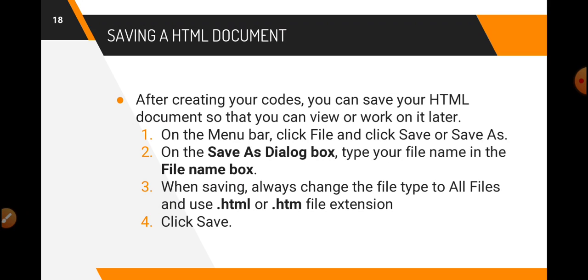And do not forget, when saving your HTML document, always change the file type to All Types and use the .htm or .html file extension. Do not forget to use the file extension .html or .htm. And then after that, click Save. Or if you have the shortcut, Control S, the Save As dialog box will appear. The same procedure will be applied.